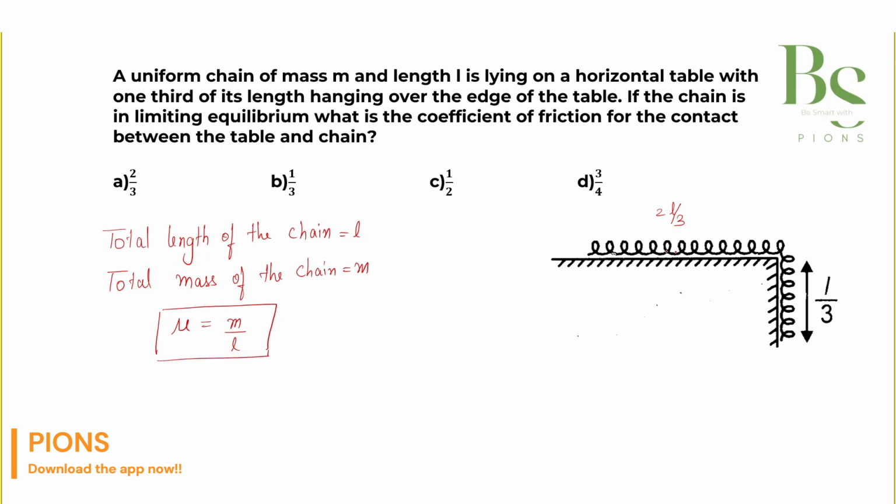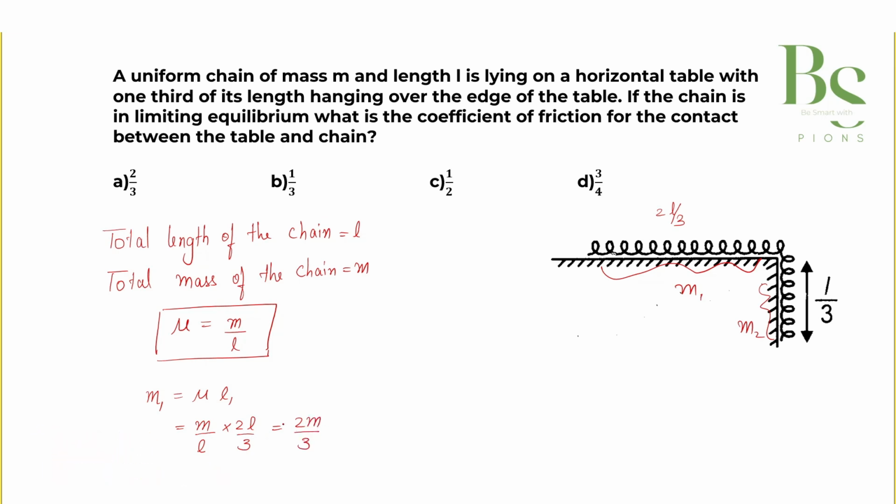What will be the mass of the upper part? Let's call it M1, and the mass of the hanging part M2, so that it will be easy for us when we draw the free body diagrams. Mass M1 will be equal to mu times L1, where mu is M by L and L1 is 2L by 3. So this gives us 2M by 3, the mass of the upper part. Now the lower part: M2 is equal to mu times L2, which is M by L times L by 3.